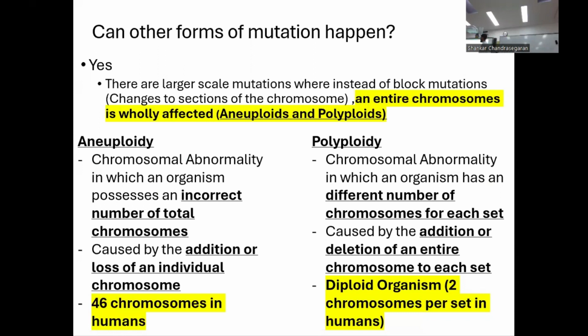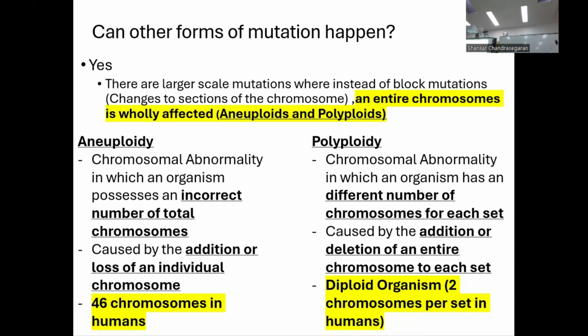So what is one and the other? Aneuploidy is basically a chromosomal abnormality in which an organism suddenly possesses an incorrect number of total chromosomes. So instead of having 22 autosomal chromosomes and one pair of sex chromosomes, they suddenly have maybe 23. We'll look at examples of one and the other in a bit.